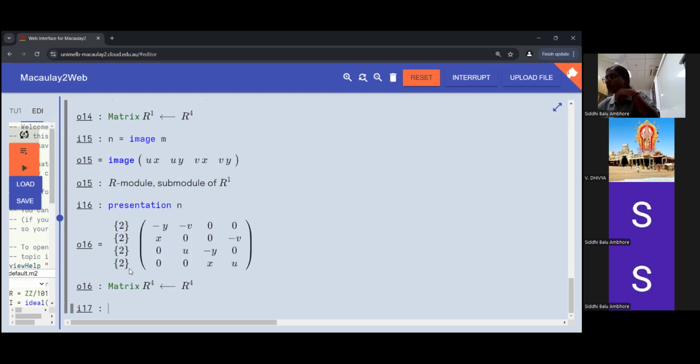So what is the problem here? Minus y into x is this. If I take minus y into the first element, it is minus uyx plus x uy, which is 0. So these are correct definitely in Macaulay2.